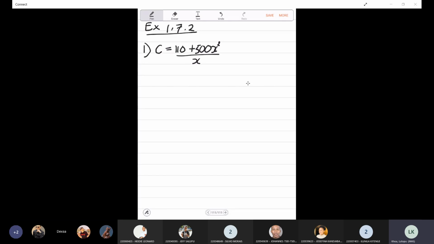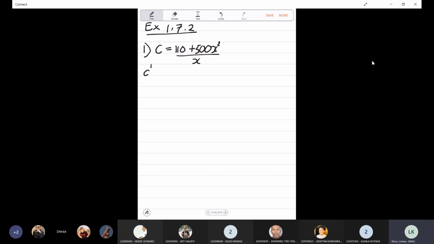So we have to find the diameter when the cost is minimum, and then actually work out what the minimum cost is. Okay, so again, this one is pretty straightforward. Find the derivative, equate to 0, check that it is a minimum, then find the minimum cost diameter, and then the minimum cost itself.